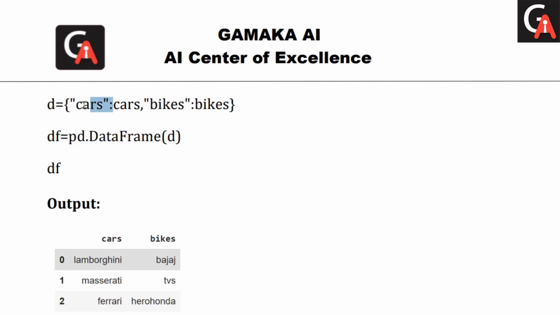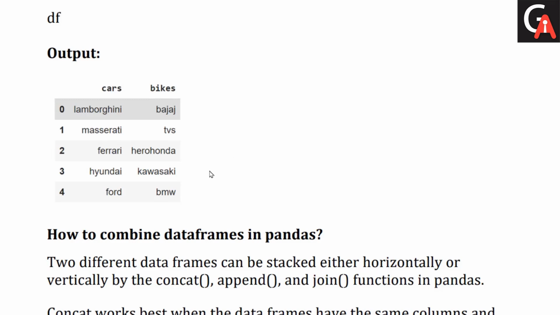Here is the name of the key, and we pass the first list object. This is my key 2, I pass the second list object, and then we invoke the data frame method and pass that dictionary object, and the same data frame is created here.